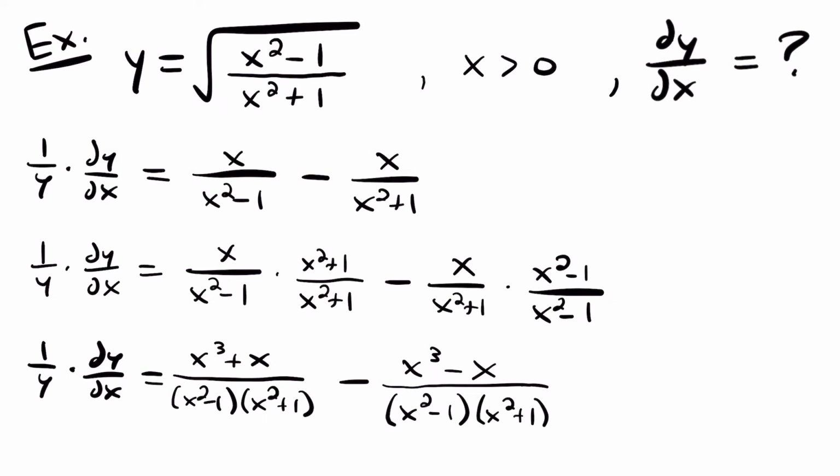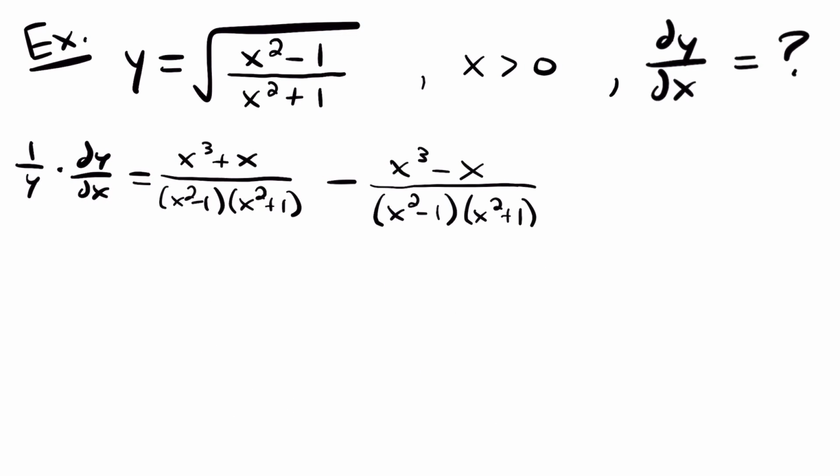All right, so then if we clean up our work here, our next step is going to be to combine these two fractions into one fraction. Since they have the same denominator now, right, they have a common denominator, we can add together their numerators. And remember to distribute this negative to both terms in this numerator. And we will have that 1 divided by y times dy dx is equal to x cubed plus x minus x cubed plus x, right?